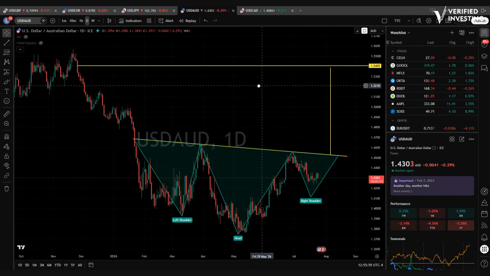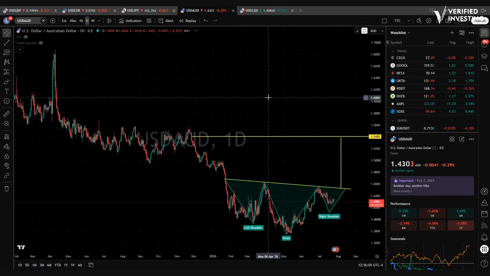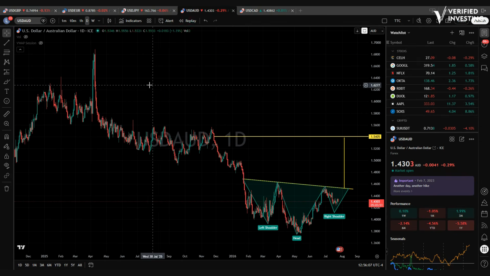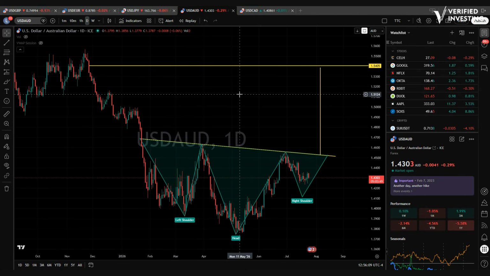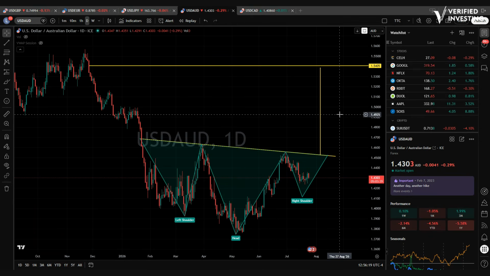Now, the USD AUD, Australian dollar. USD's kind of been on the lower end compared to the Australian dollar, but look at this continuing to put in a beautiful inverse head and shoulders. Look at that neckline. Look at that measured move up to $1.54.